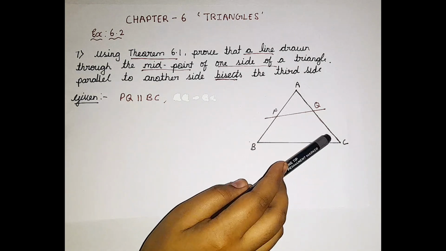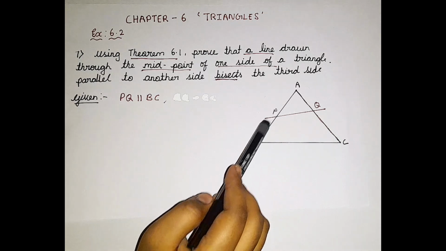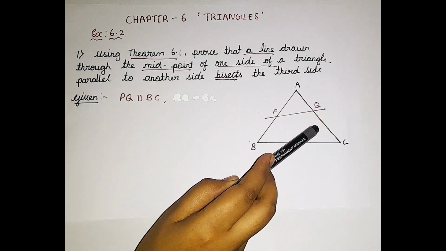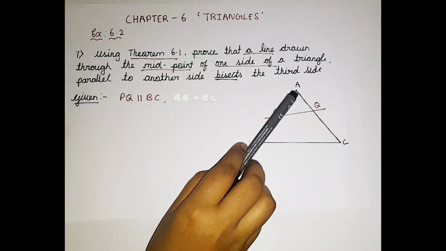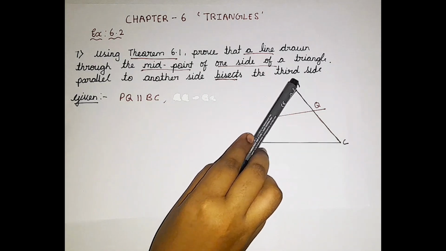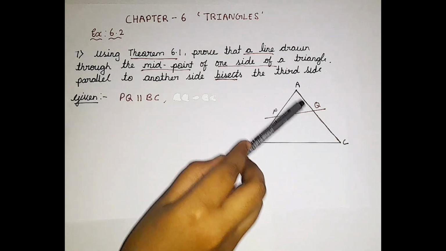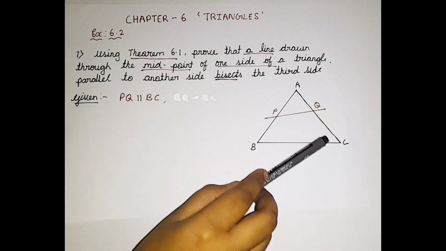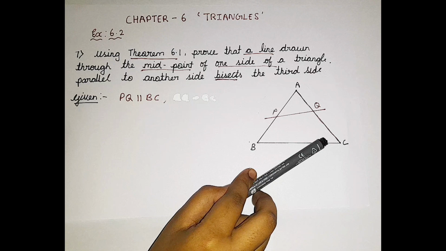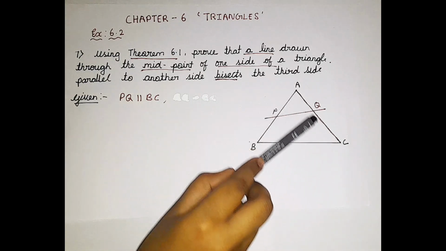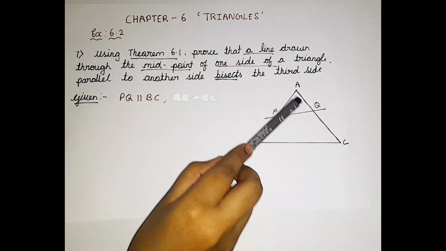This is the third side. Remember, this another side means this side is known as another side, that is AB. And third side means this is the third side, which is bisected. Here this Q is bisecting the third side.